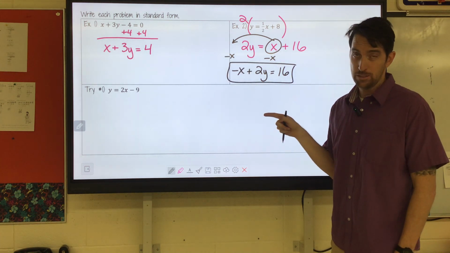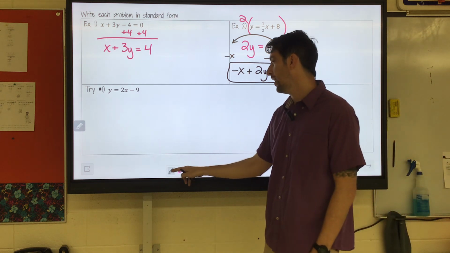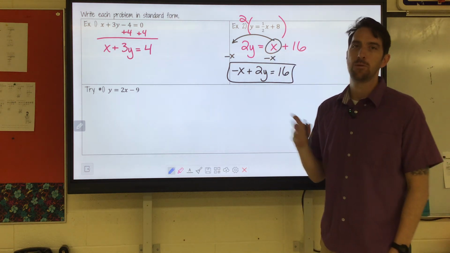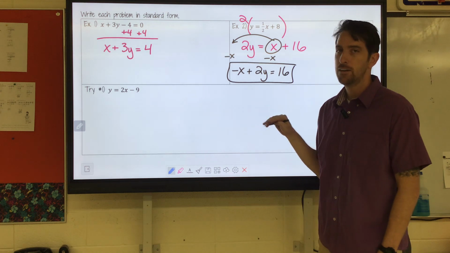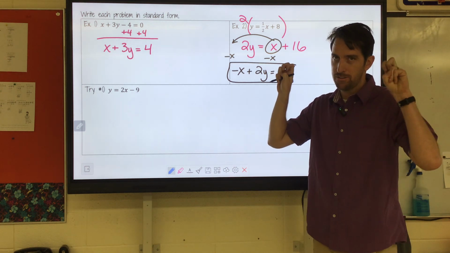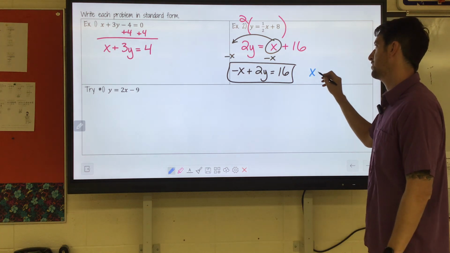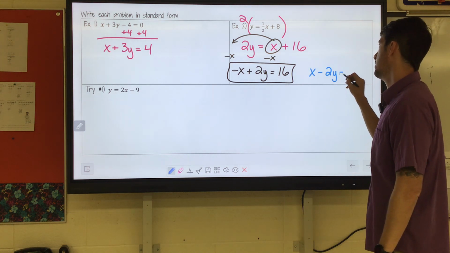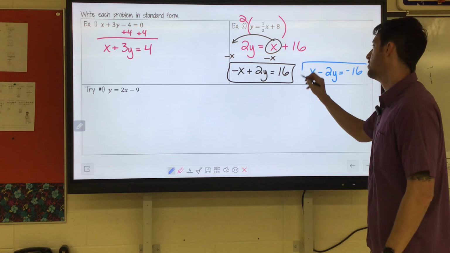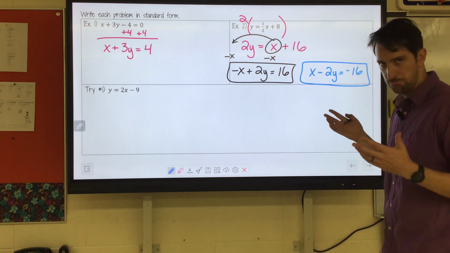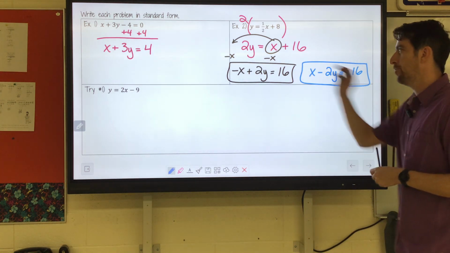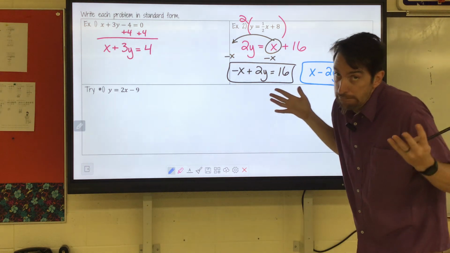The notes on the previous slide said make sure A, the first term, is positive. This is negative, so you could multiply everything by negative 1, just make everything the opposite. So it'd be positive x, negative 2y equals negative 16. These are the same equation technically. I don't mind if you leave a negative.